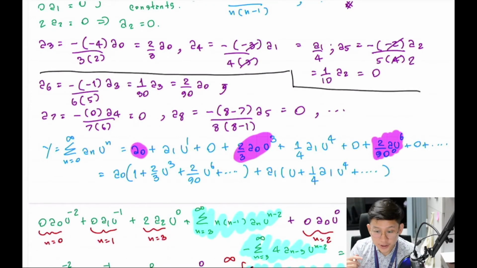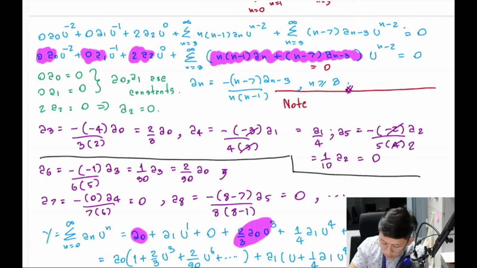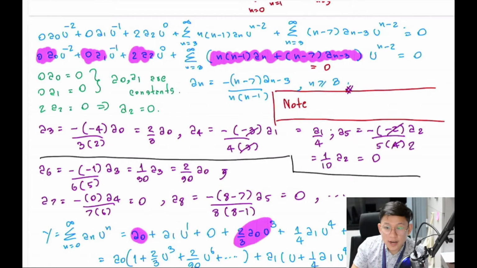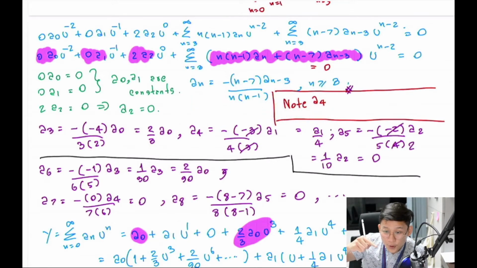But guys, if you look here, let me take some note. You need to write down A1 when you write A4, right? Because if you have A4, it would be A4 minus 3, which is A1. So if you write A4, it would be in terms of A1. Make sense? And the next one would be A7. Why?